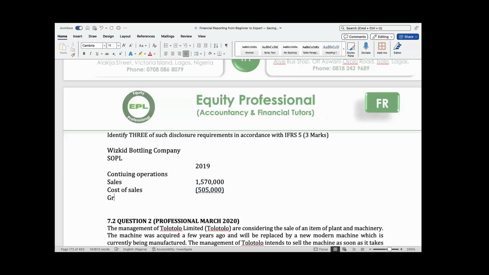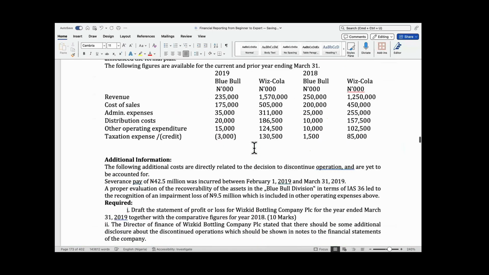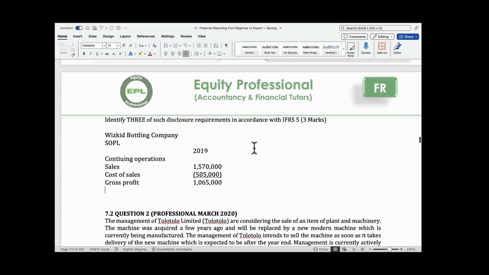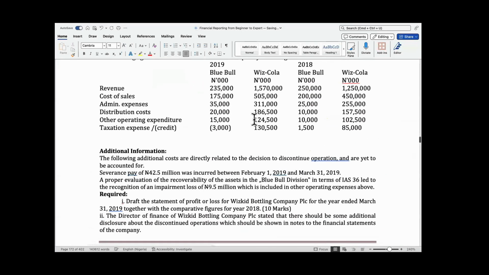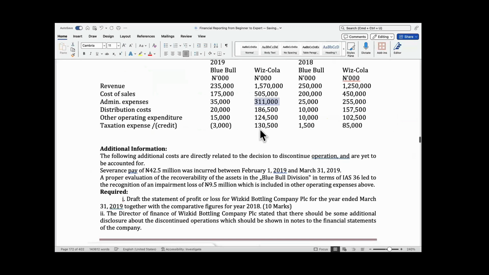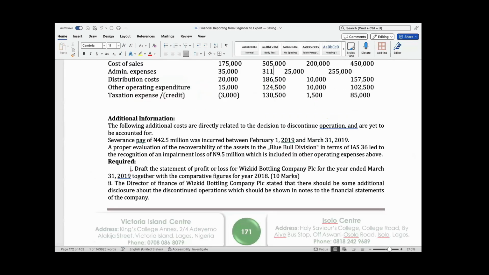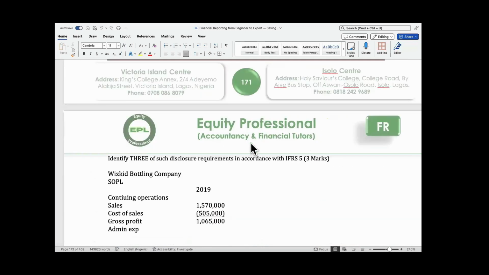Then I have my gross profit, 1,065,000. Then what again? Admin. What's my admin expense? For Whiskola it is 311,000.